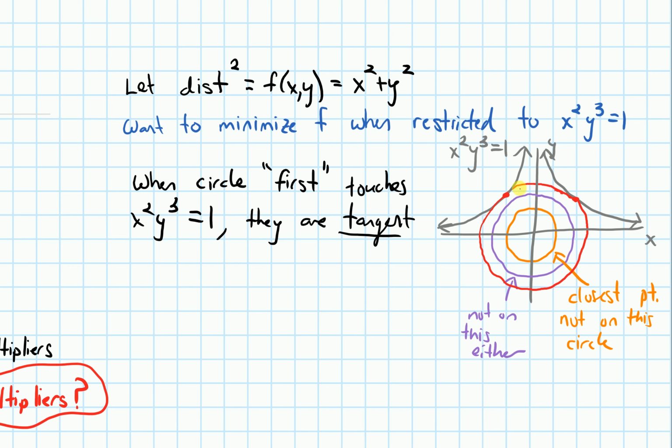So notice that the circle and the curve are tangent at these points of intersection. If I were to draw the tangent line to the circle at this point, and the tangent line to the curve at this point, they'd be the same line.